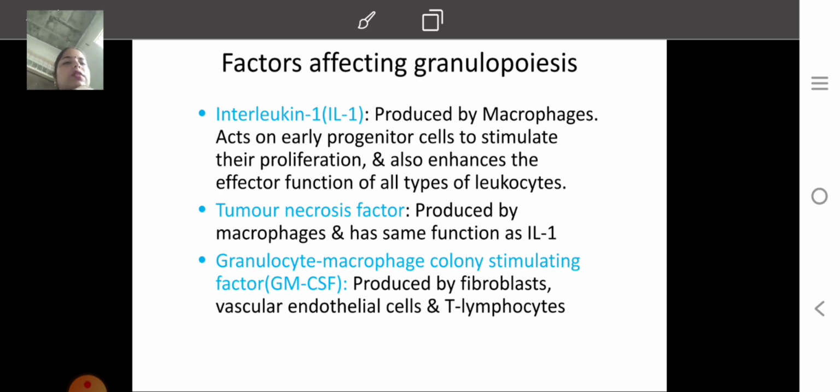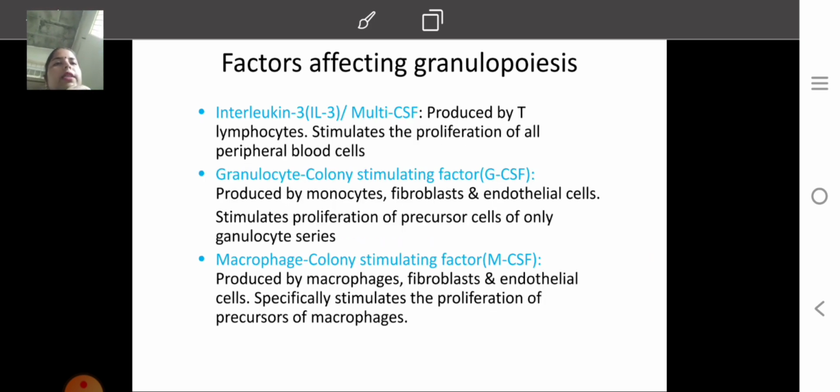Granulocyte macrophage colony stimulating factor, GM-CSF, is produced by fibroblasts, vascular endothelial cells and the T lymphocytes. Next is interleukin 3, IL-3, multi-CSF, produced by T lymphocytes, which stimulates the proliferation of all peripheral blood cells.